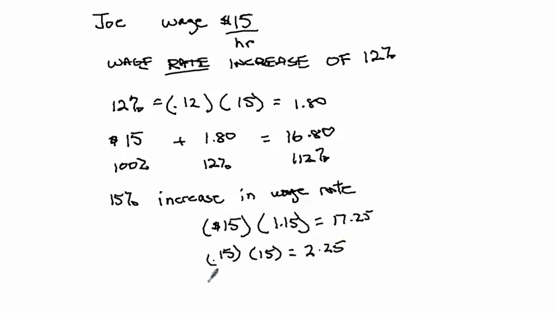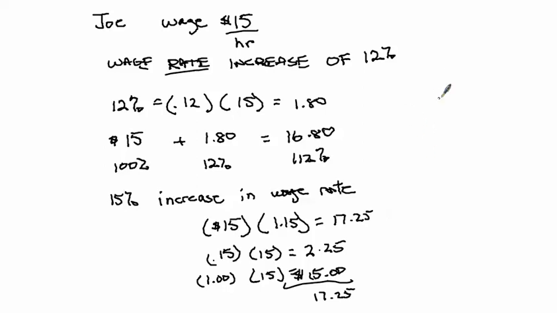Okay, 100% of 15, of course, is 15. So to get that wage increase, I would add these two together. Well, guess what? It gives you $17.25. So either way works. This shows how to do a percent increase of a given amount, in this case, the hourly wage. This can also go for a constant.